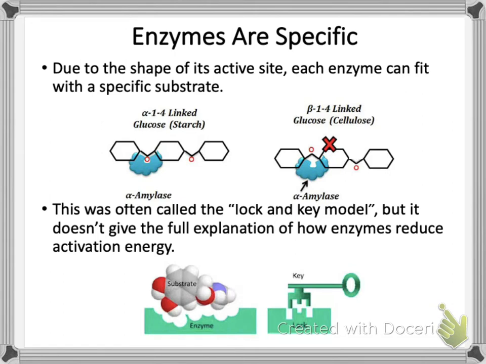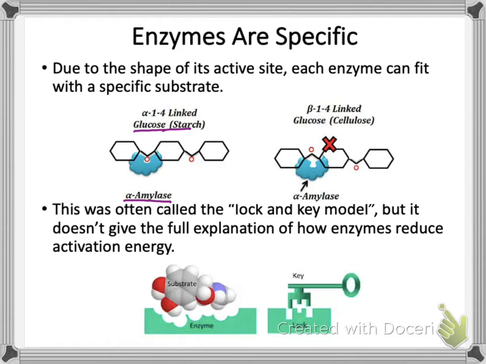Here, this is an example we've talked about previously. You'll see that we have starch, which is 1,4 linked glucose. You can see that amylase, the enzyme that digests starch, has an active site that fits perfectly with that specific bond, that glycosidic linkage between glucoses.